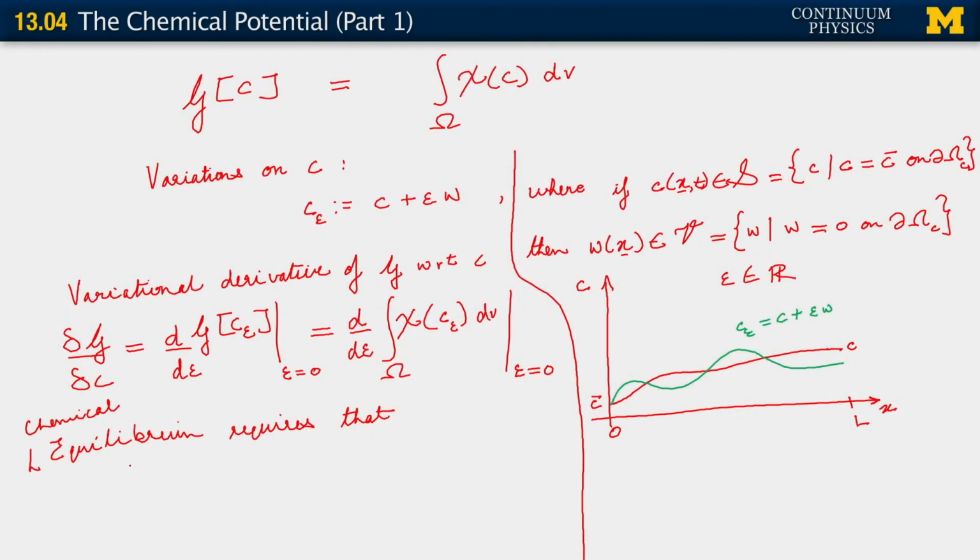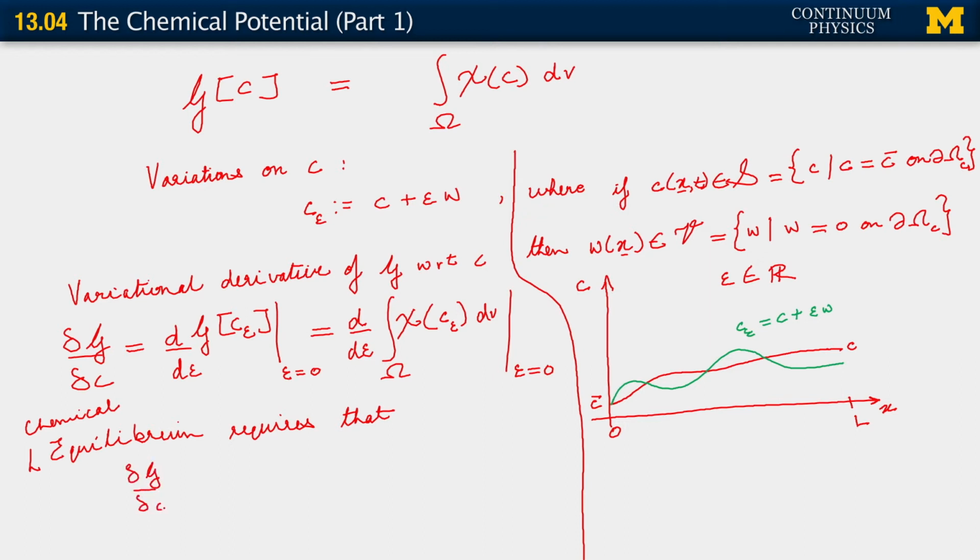Now we define this variational derivative for our free energy functional, just as we did for nonlinear elasticity. And if you recall things from there, we must state here that the variational derivative of G with respect to C vanishes.